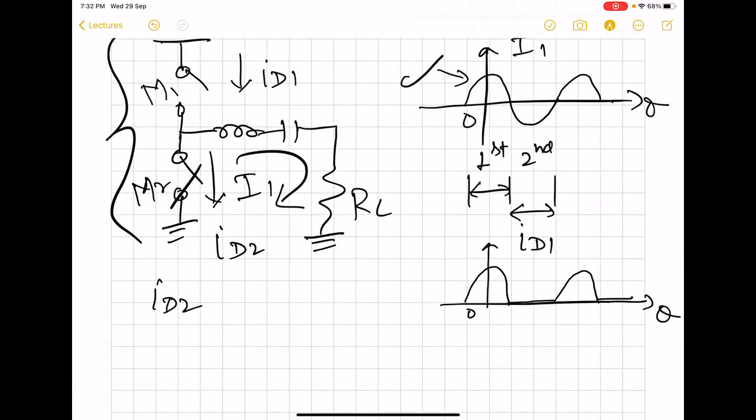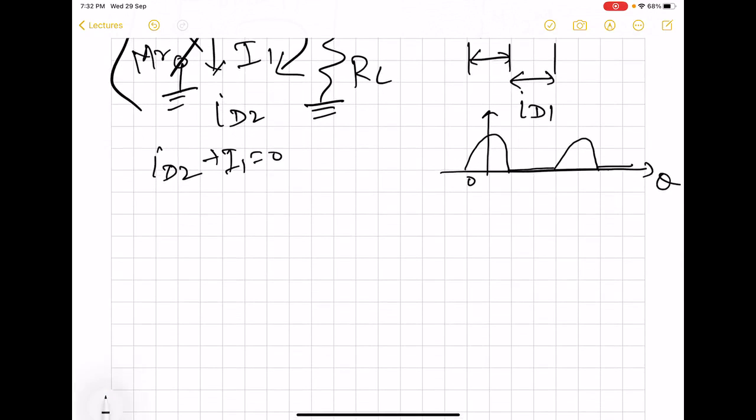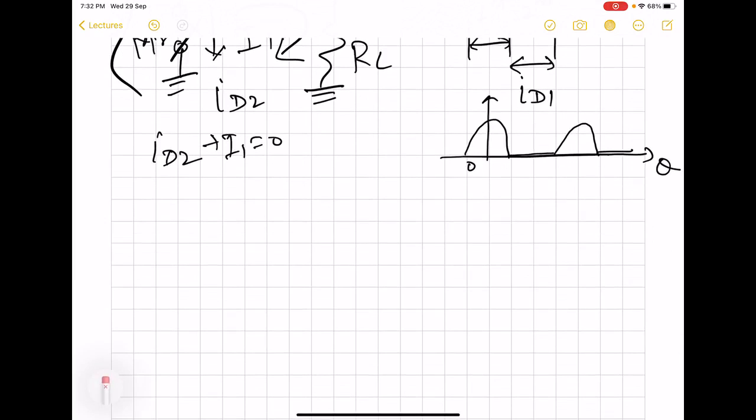ID2 plus I1 is equal to 0. So ID2 is going to be the reverse of this, but actually it will be the negative half of I1. If we plot ID2, it is going to be 0 during the first half, but non-zero during the second half, and then 0, then non-zero, like this.